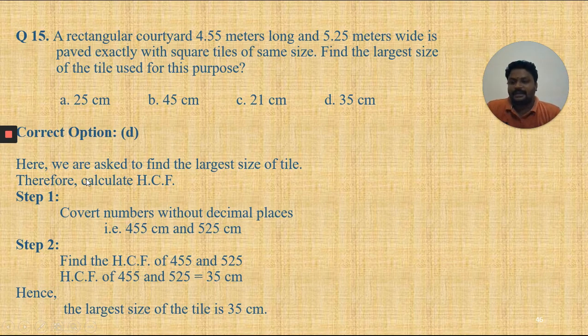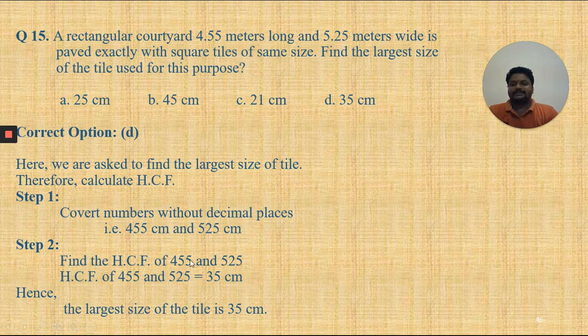Here we are asked to find the largest size of tile, so therefore calculate the HCF. Largest value means largest size means HCF. Step 1, convert the numbers without decimal places: 4.55 meters is 4 into 100, 400 plus 55 centimeters, 455; 5.25 meters is 5 into 100, 500 plus 25 centimeters, 525.